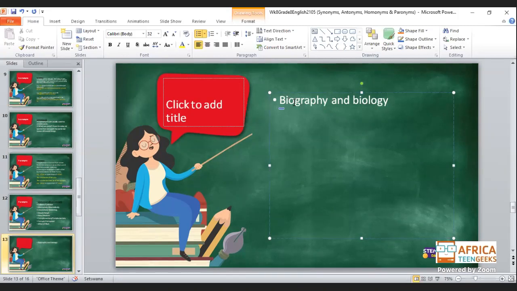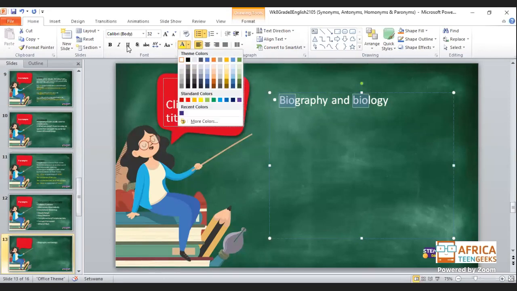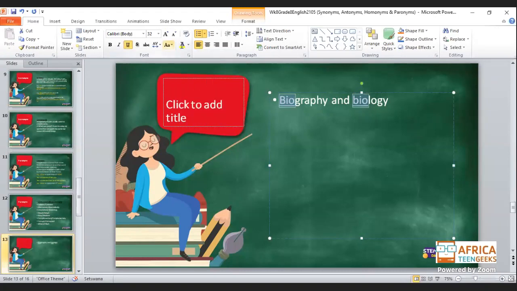So we'll realize that bio here for biography, as well as bio here for biology, okay, let me underline them and write them in yellow. All those in yellow are our prefixes. Then graph here is our root.